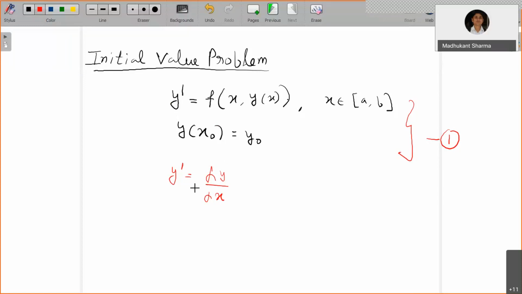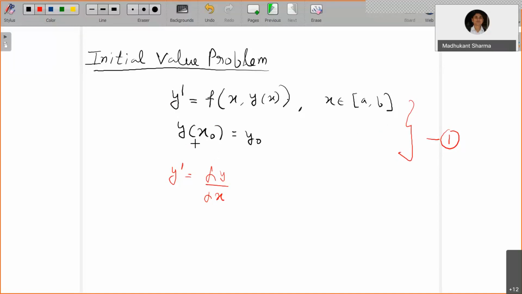Another problem we are going to look at is boundary value problems, where the differential equation is of second order, with specific conditions. The conditions will most of the time be specified at two endpoints, like x naught and x1, or points a and b, giving the values of y.